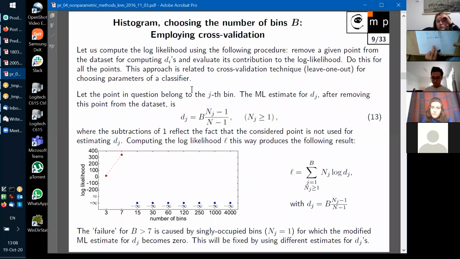The point was not part of the estimation of the density, we took our points, and some points were participating in the estimation of the density, and one point was left out. If that point falls into a bin which has 0 density, then the probability of that point is 0, and for more than 7 bins, it happened.